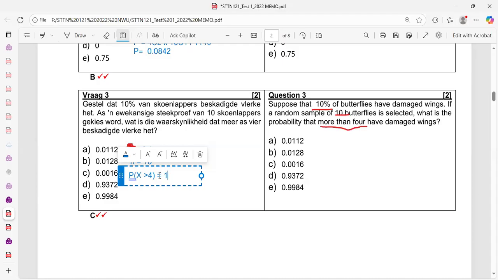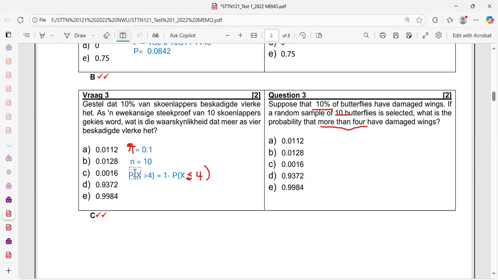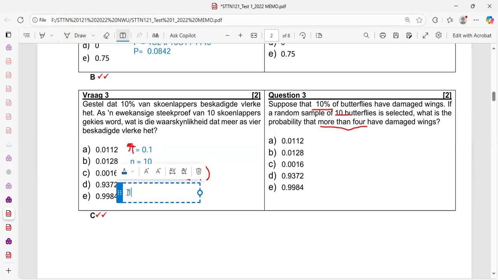So this is what you do. The best way: if they say greater than, use 1 minus the probability where x is less than or equal to 4. Remember, this symbol is for at most 4. When it's at most 4, you start with 0 and end with the number they've mentioned, which is 4.